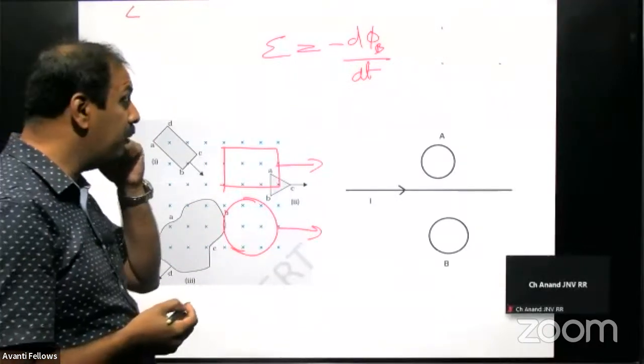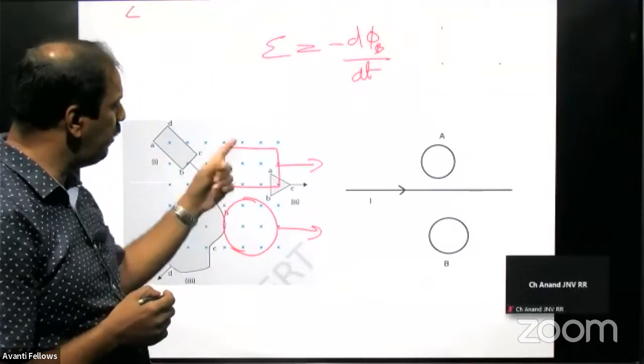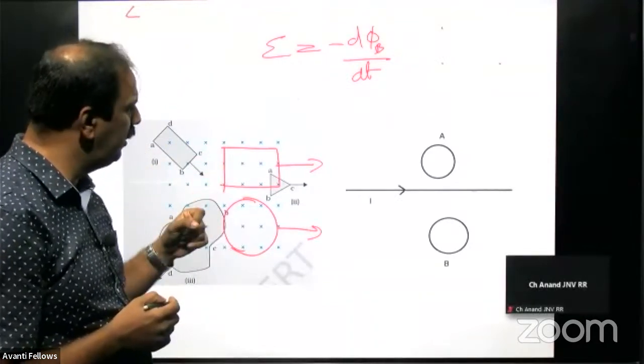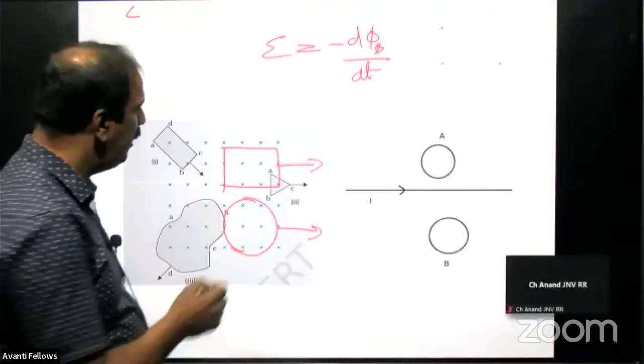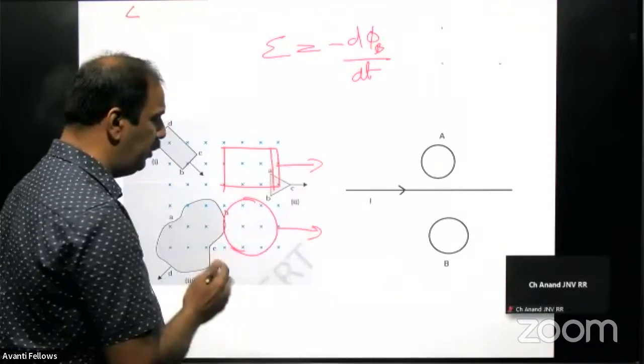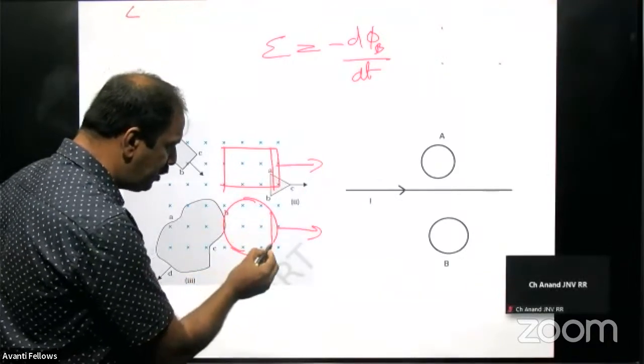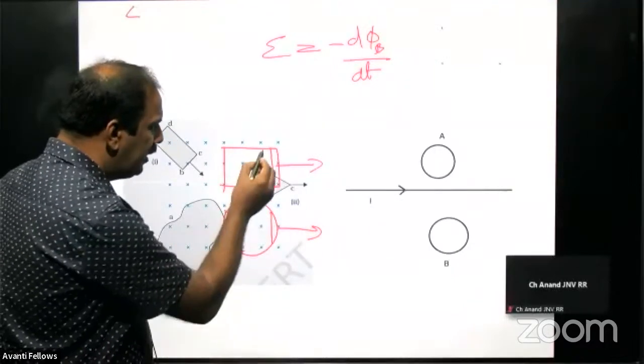That came as a question in many competitive examinations. So here, what is the difference when you take this one or this one? See here, in this square, first this much part will come out. That time an induced EMF will be there. But in the case of the circle, you see here, first this part comes, this much, if it is moving with the same velocity.